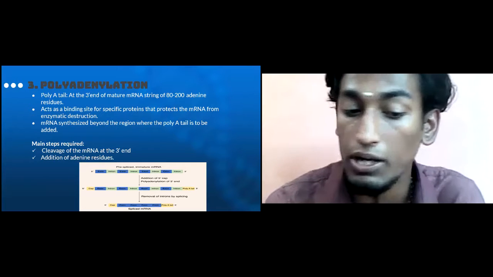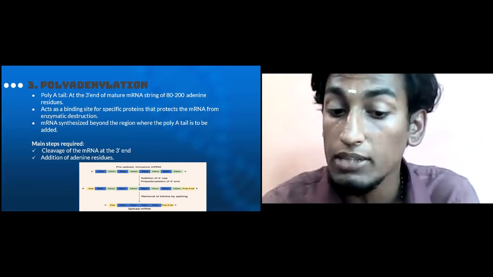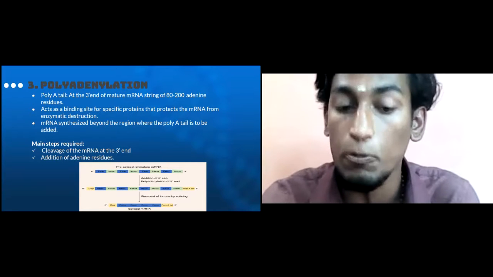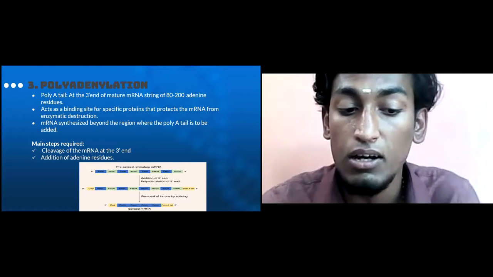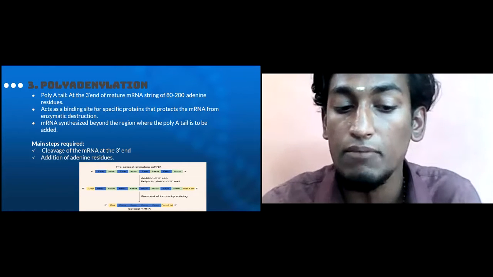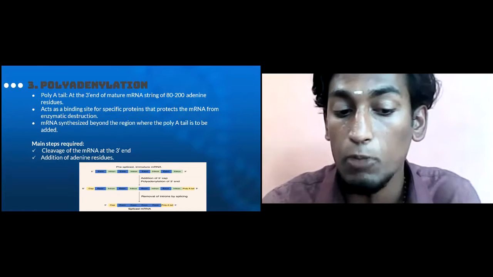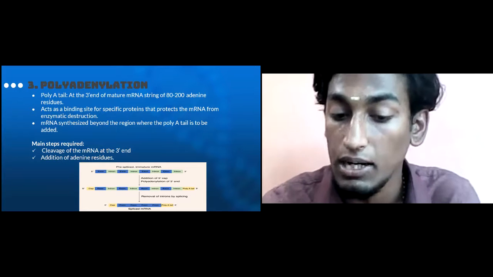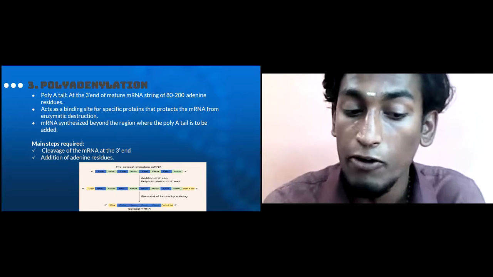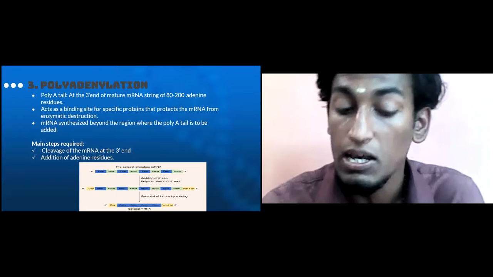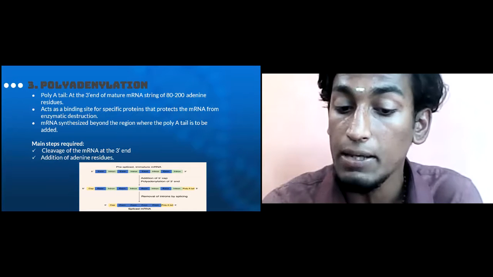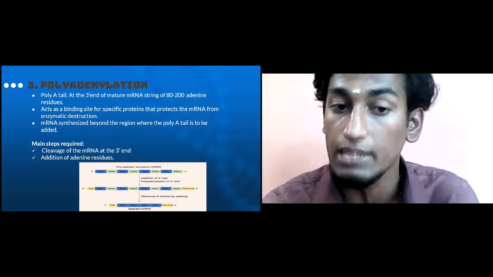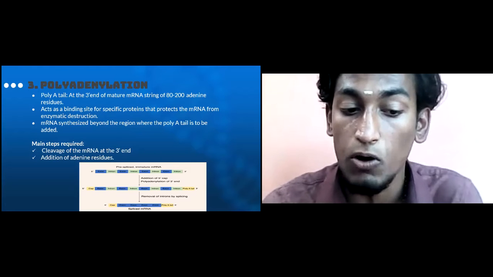These nucleotides are not encoded in the DNA, but are inserted in a process called polyadenylation, which follows the transcription process. The enzyme involved here is RNA polymerase II. Eukaryotic genes are transcribed well past the end of the coding sequence. Much of the extra is cleaved at the 3' end and the poly-A tail is inserted back. These are the steps involved.